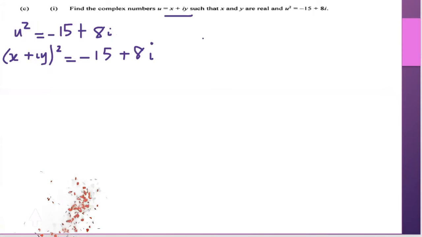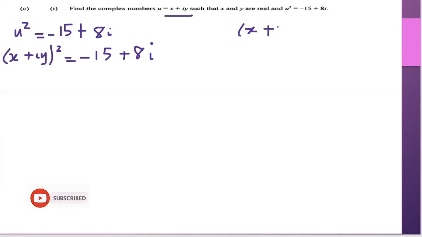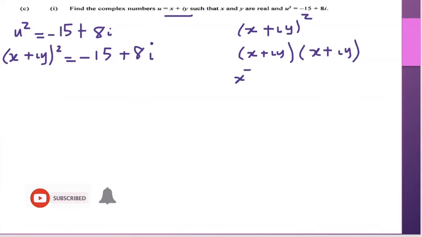Now I am going to expand x plus iy all square. All square means I am repeating the bracket twice. So it means I have x plus iy times x plus iy. Now, having this, it means I will be expanding. So x times x gives me x squared.